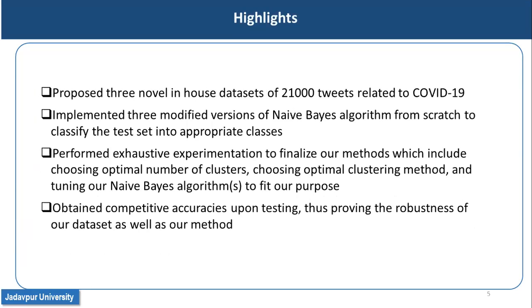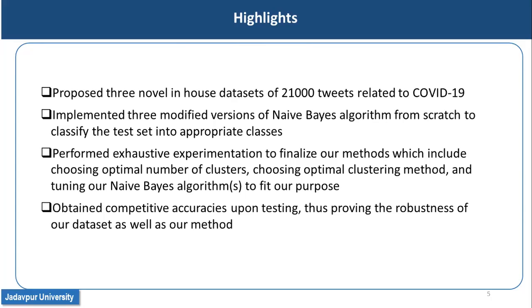These are the highlights. There are three novel in-house datasets of 21,000 tweets: two datasets of 10,000 tweets each and one dataset of 1,000 tweets. For each type of dataset, different modified versions of the Naïve Bayes algorithm were implemented from scratch, and experiments were done to finalize the methods, including the optimal number of clusters and the optimal clustering method.